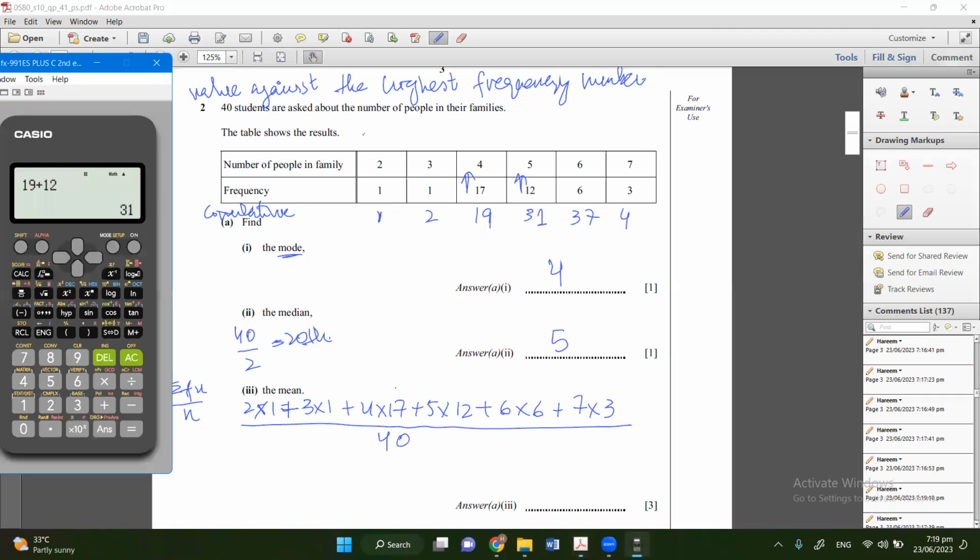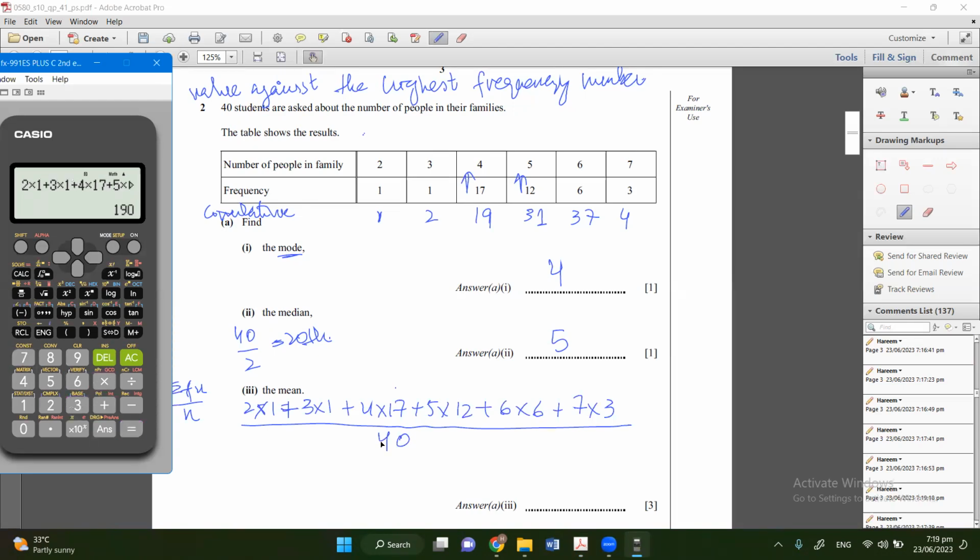Let's just calculate it. 2 multiplied by 1 plus 3 multiplied by 1 plus 4 multiplied by 17 plus 5 multiplied by 12 plus 6 multiplied by 6 plus 7 multiplied by 3.